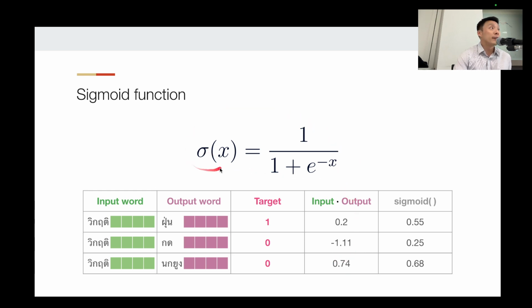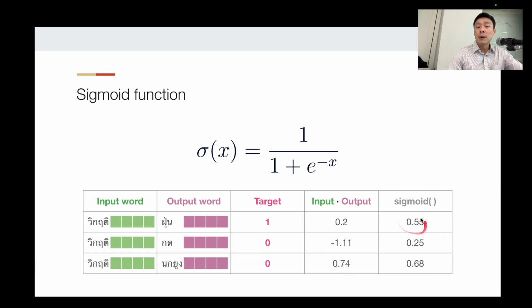Then you use the sigmoid function. Our good old sigmoid function has a really nice property because it turns any real number into a number between 0 and 1, which is good because it's a probability. And again, the sigmoid function has a nice smooth curve that you can take a gradient for. So that's awesome.